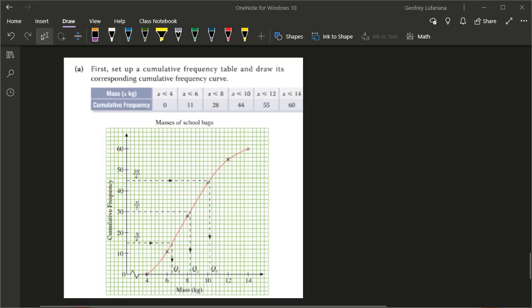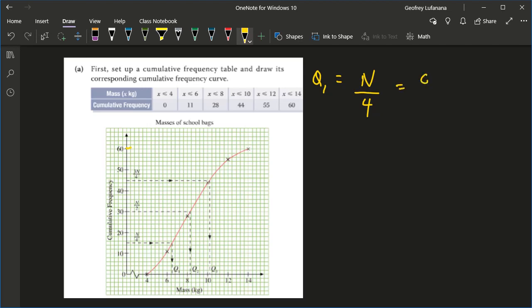So the lower quartile, which is Q1, becomes n over 4, n being the number of items in the distribution. Our n in this case is 60 because we are looking at a total of 60 bags. So we have 60 over 4, which is 15.